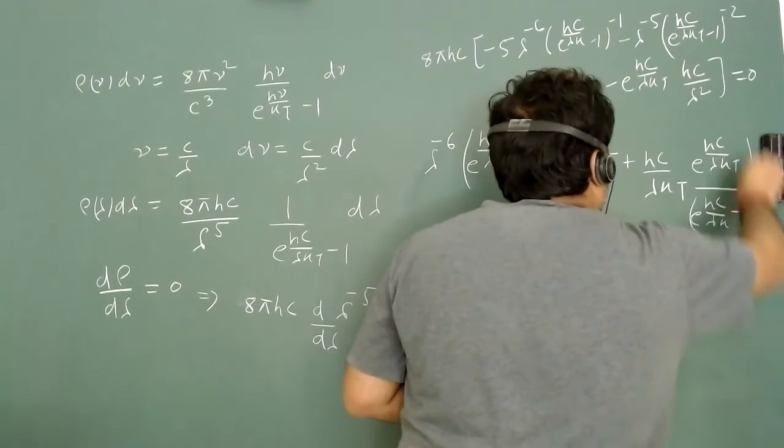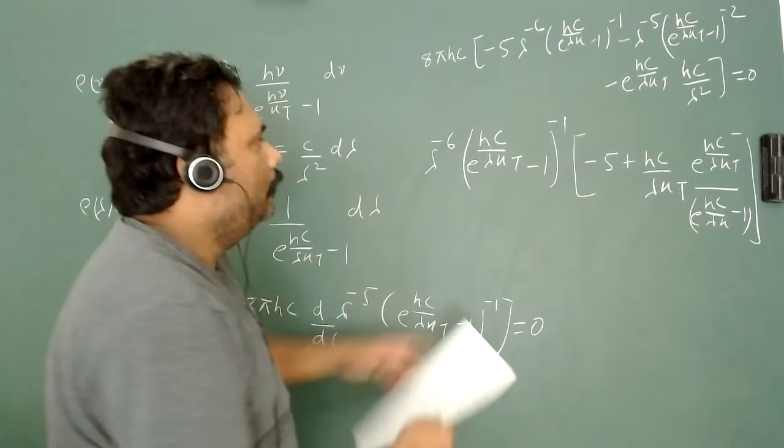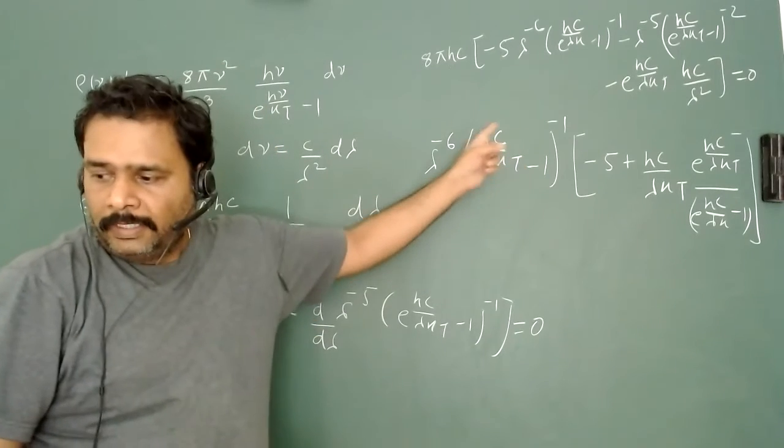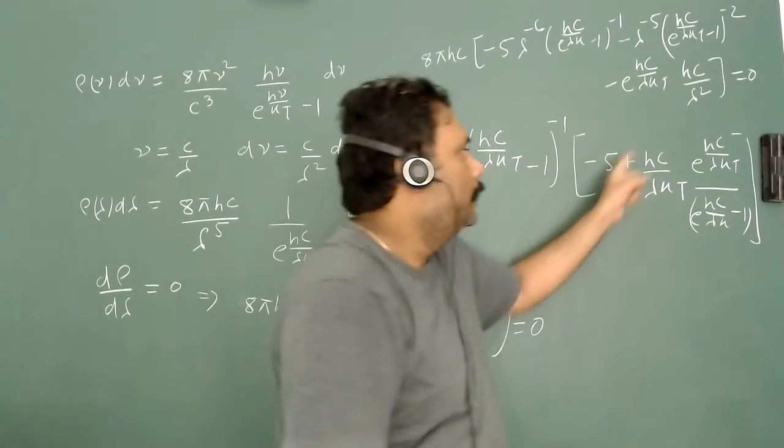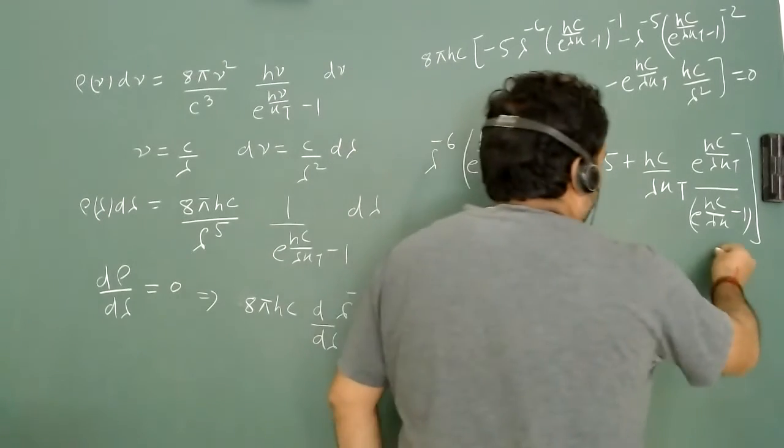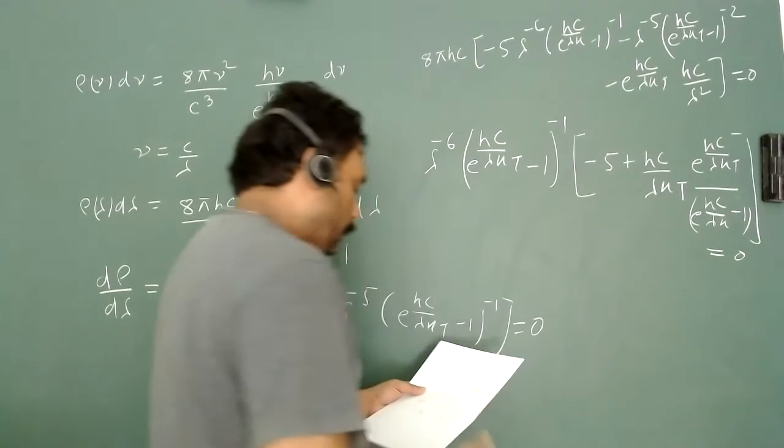So this prefactor cannot be equal to 0. Only the bracketed term can go to 0.